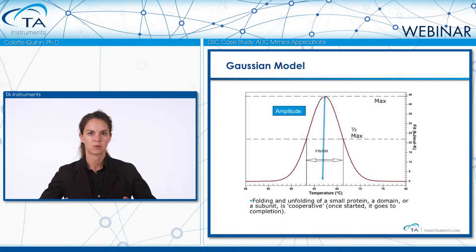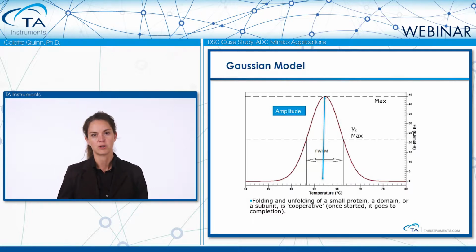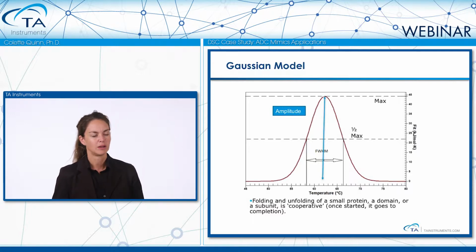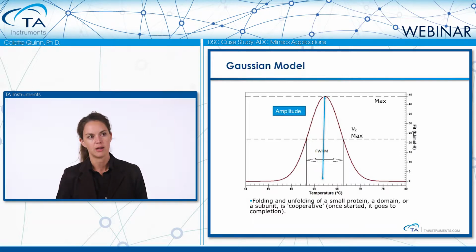And as we start to spread out, we have the possibility of that intermediate or that stable intermediate being available in solution as well, which then we have questions of, is that intermediate the right form to then find its right target? So I'd say the Gaussian model is nice for a few reasons. One is the simplicity in it, and two is that extra full width half max value that will give you an idea of cooperativity of unfolding and the possible presence of an intermediate form.